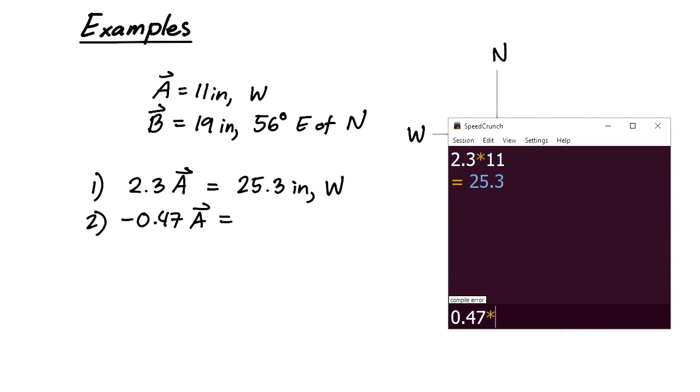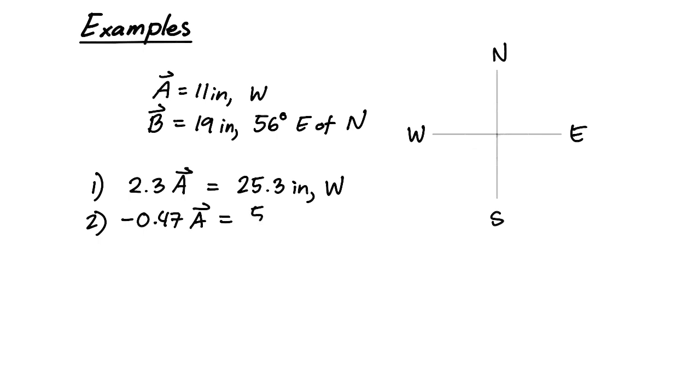Multiply natin by 11. So we should get 5.17. So that is 5.17 inches. No? So we'll take yung same na unit kasi nag-multiply lang naman tayo ng scalar. So 5.17 inches. So ito yung kanyang magnitude.